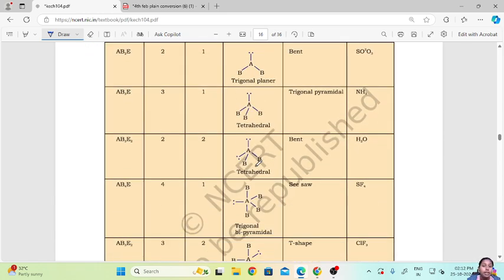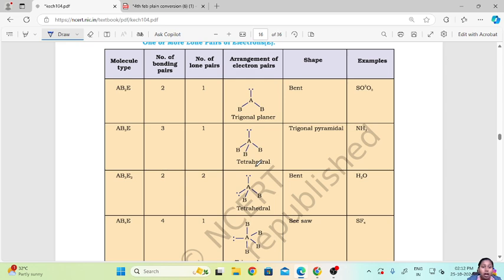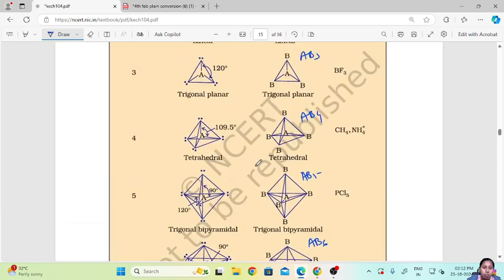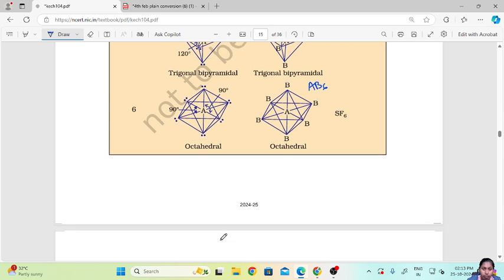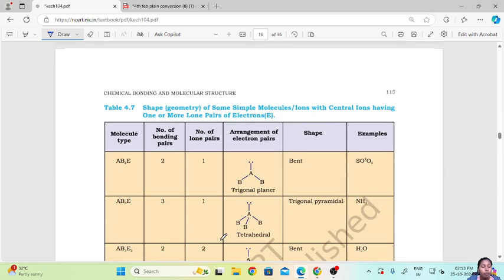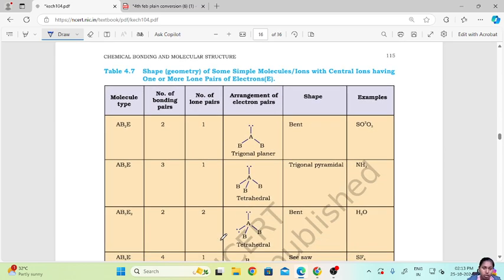Now, what if you have an electron pair or lone pair associated with a molecule? In the above table, all the molecules have linear, trigonal planar, tetrahedral, trigonal bipyramidal and octahedral structures because there is no lone pair associated with them. But what if there is a lone pair associated?